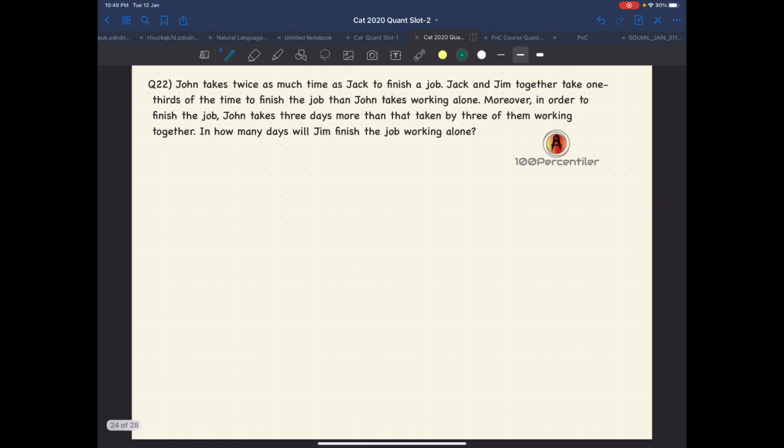Now John takes twice as much time as Jack to finish a job. So if John does x work per unit time, then Jack would do 2x because John takes twice as much time. Now Jack and Jim together take 1/3 of the time to finish the job than John takes working alone. So Jack and Jim together take 1/3 time of John alone. So this will get multiplied by 3x because the time taken is 1/3, so total work done would be 3x.